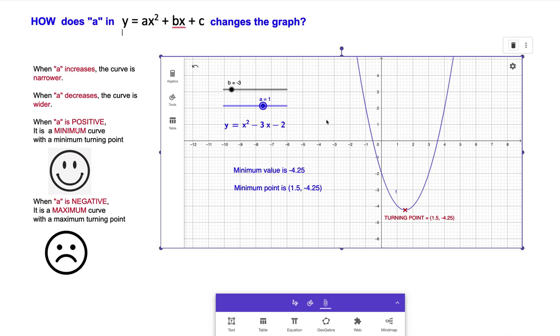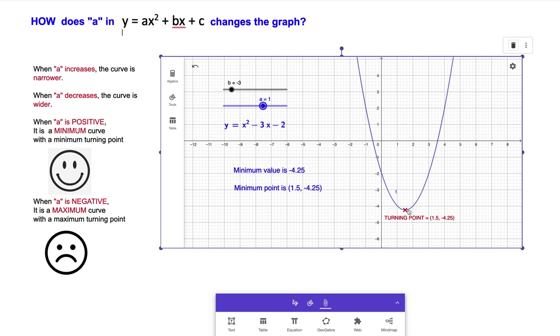The next thing we want to look at is that this curve here is called a minimum curve. This is when a is positive. We have a minimum curve because there is a minimum value, and the minimum value is the lowest value of y, which is negative 4.25.